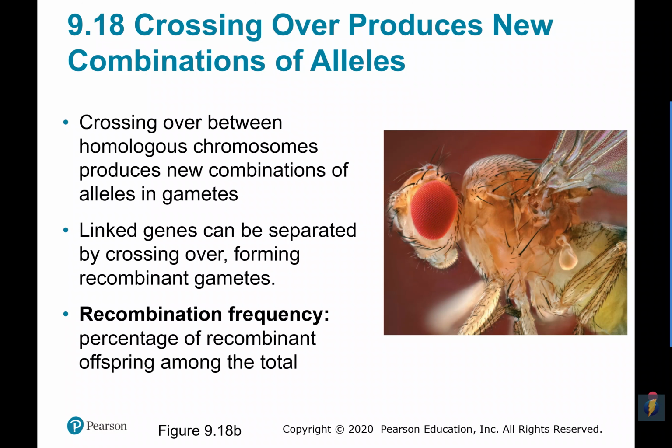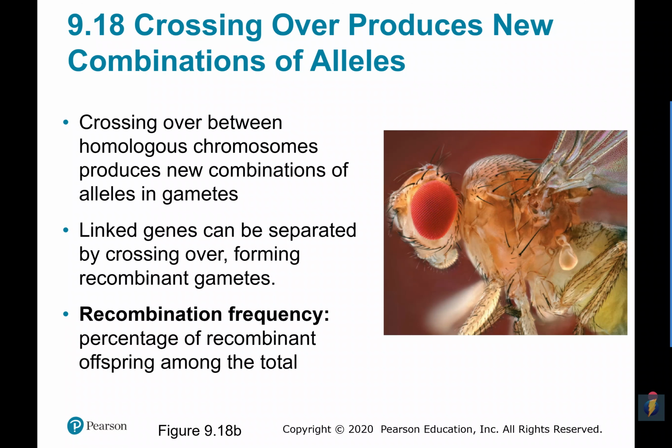And when that happens, we can get new combinations of alleles in our gametes, in our sex cells. And so when genes get linked like this, they might get separated during a crossover process, and now they're no longer linked.